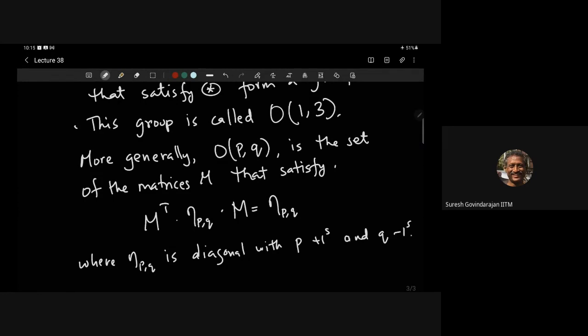Is that clear? So our example, eta 13, is what I call eta. It's still called the orthogonal group, but with some signature. PQ is called the signature: how many pluses and how many minuses. So we have a group called O(1,3).